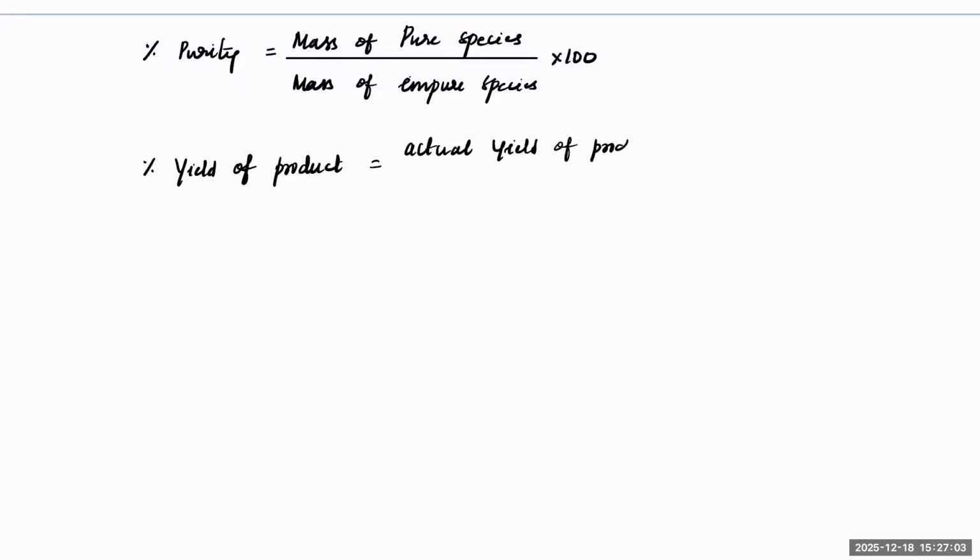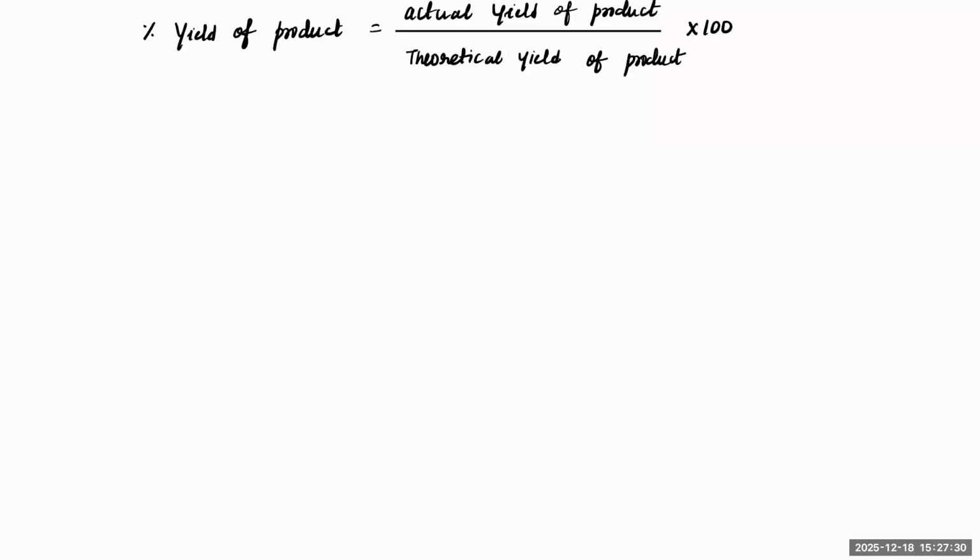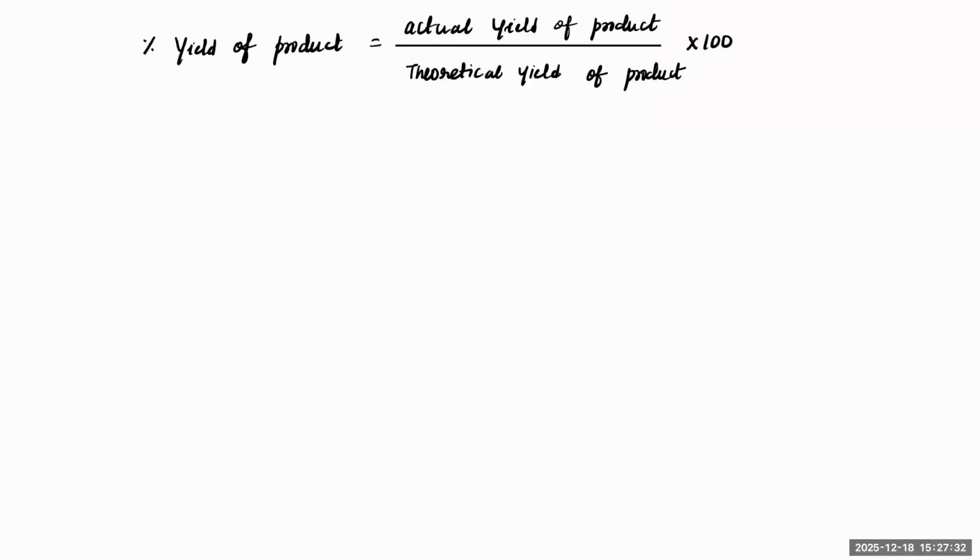You can write this in terms of volume, mass or number of moles. Accordingly, you have to take the theoretical or calculated yield of product. So this is percentage yield of the product.